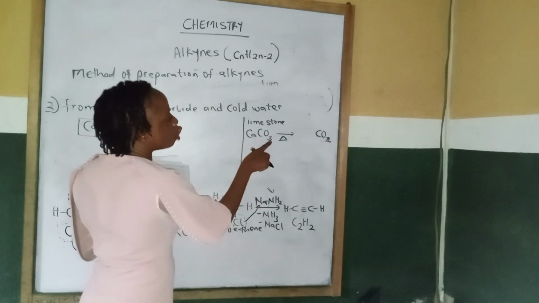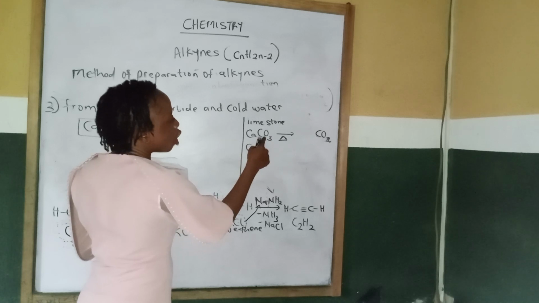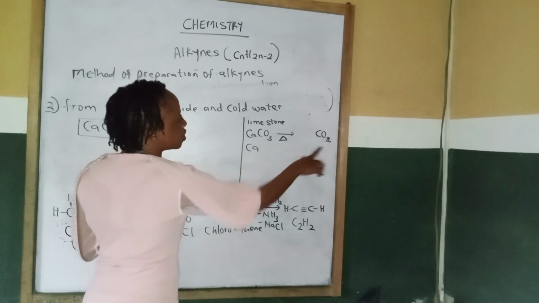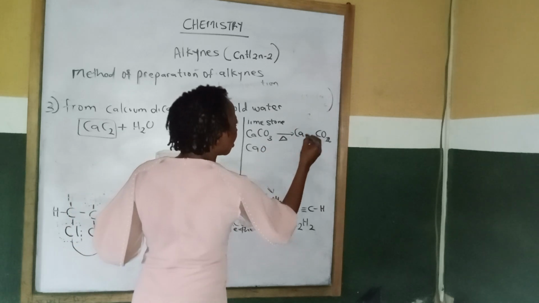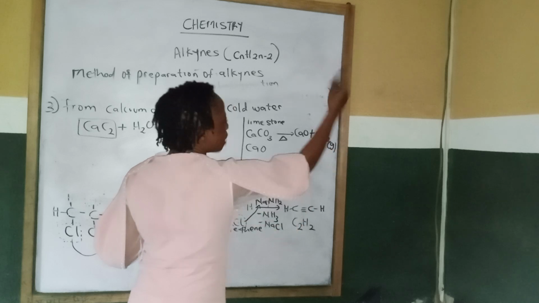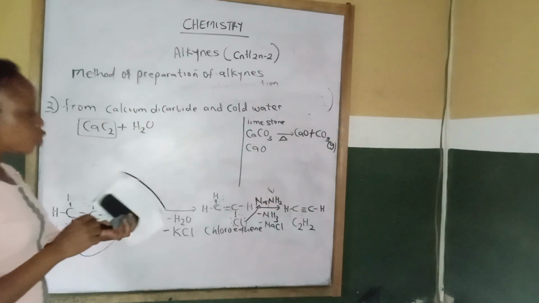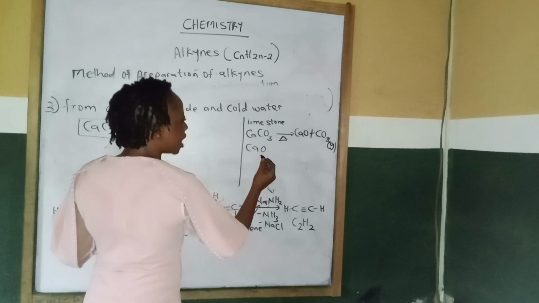When you remove CO2 from this structure, it remains Ca and 1 oxygen, because I've removed 2 oxygen. So our product will now be CaO plus CO2. Then the CO2 will escape in form of gas. Then CaO is solid.